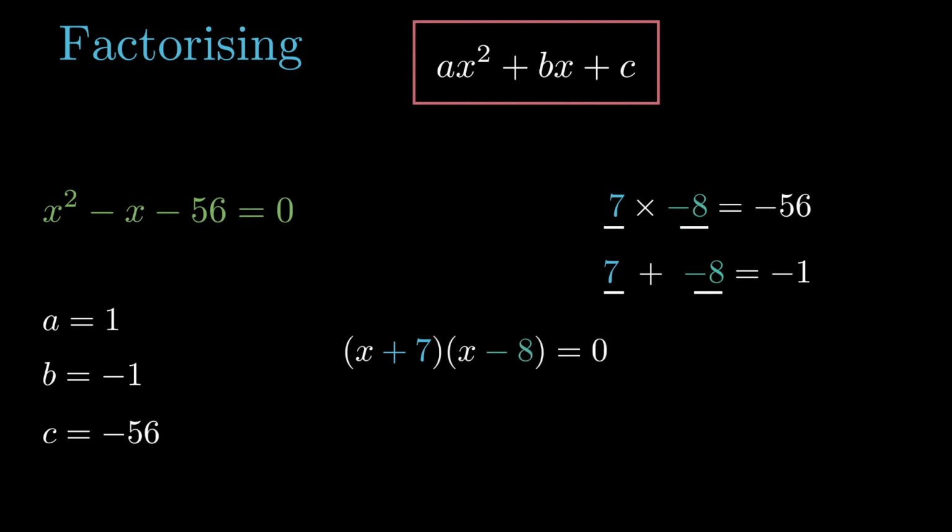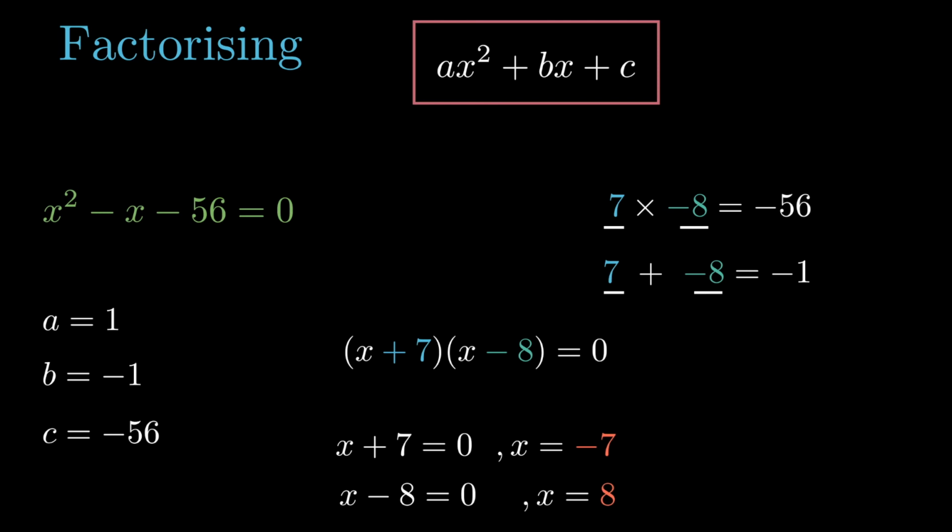So when x plus 7 is equal to 0, our answer is x equals minus 7, one of the solutions, and when x minus 8 is equal to 0, our solution is x is equal to 8.